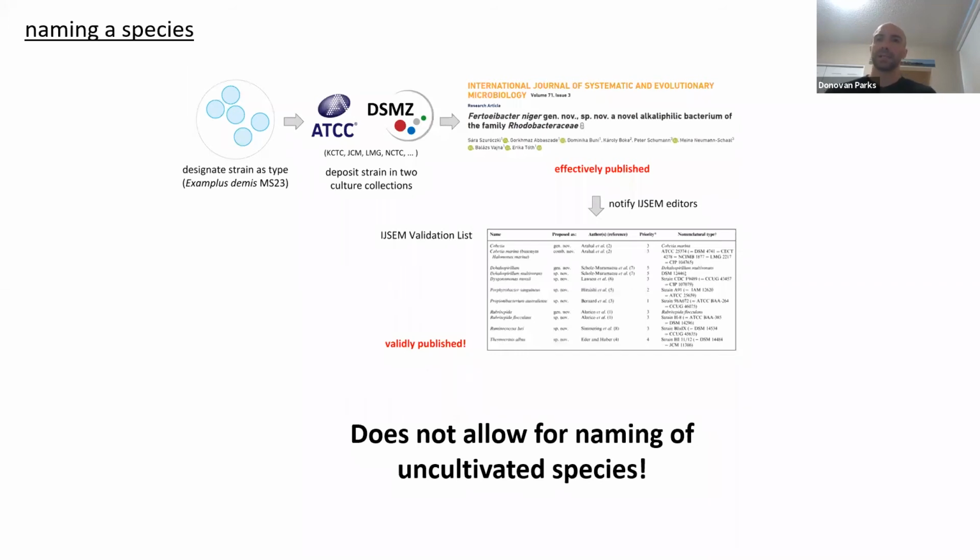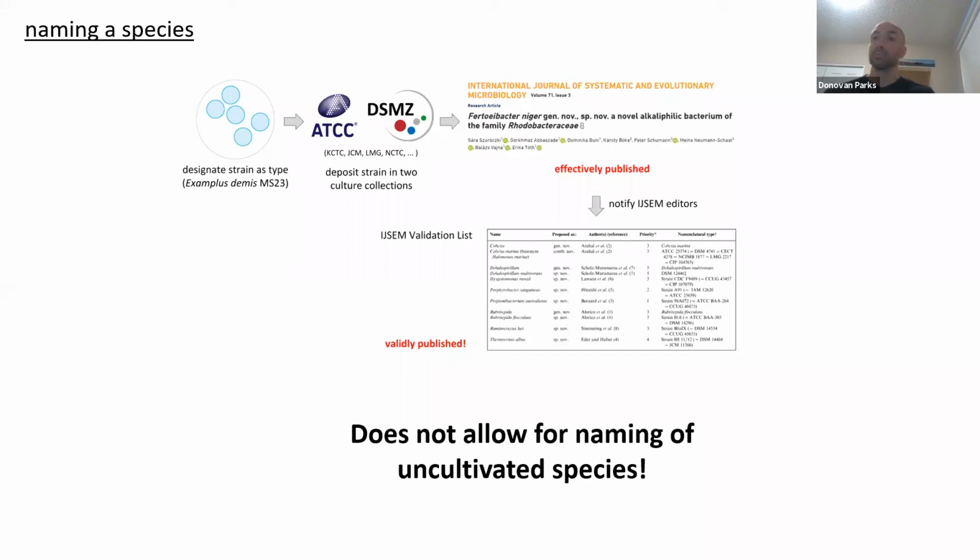So I'll take you back to this slide about naming a species, and particularly the first part here: if you want to name a new species, the first thing you need to do is get a strain into culture. And of course, this is basically a non-starter if the species that you know about comes from a MAG.